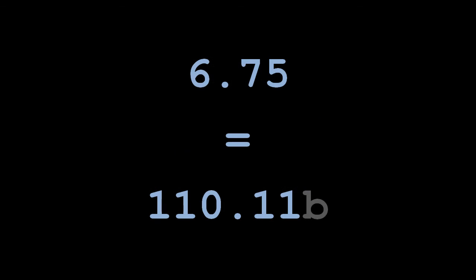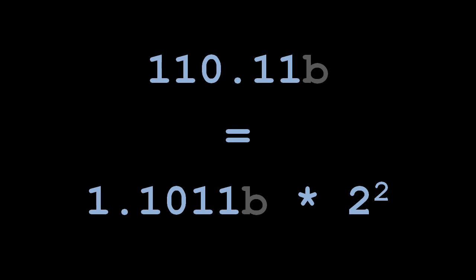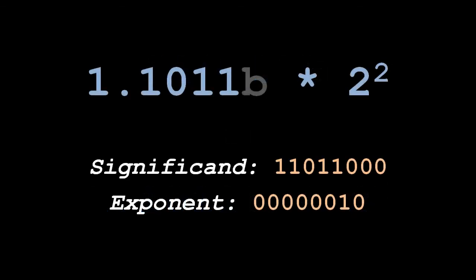So the digits to the right of the radix point are 1 and 1. Expressed as a significand and exponent, this is 1.1011 multiplied by 2 raised to the second power. So our significand represented in 8 bits is 11011000, and our exponent represented in 8 bits is simply the integer 2.